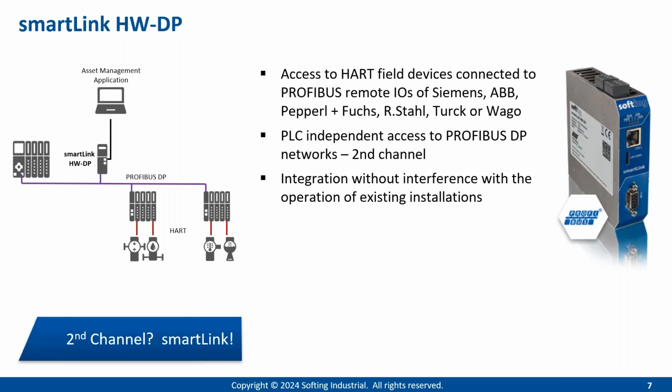Here, of course, since PROFIBUS DP is a bus, it's a little bit more to be concerned about than with Ethernet connectivity. smartLink HWDP has to be configured with the same bus parameters as the PROFIBUS master is already using. But in that case, it also runs in parallel to the cyclic communication of the PROFIBUS master.